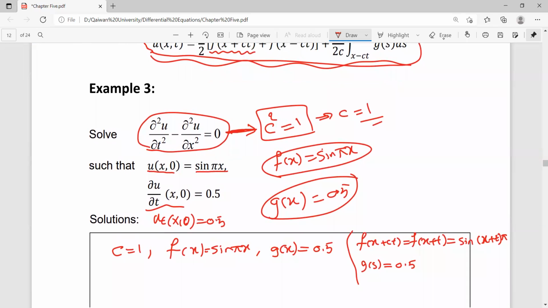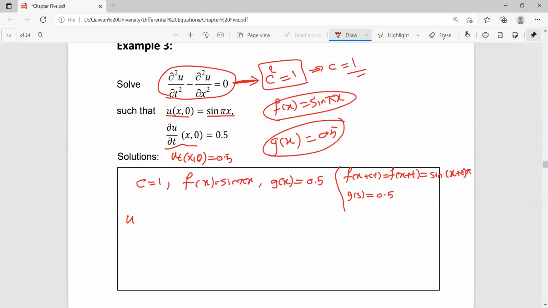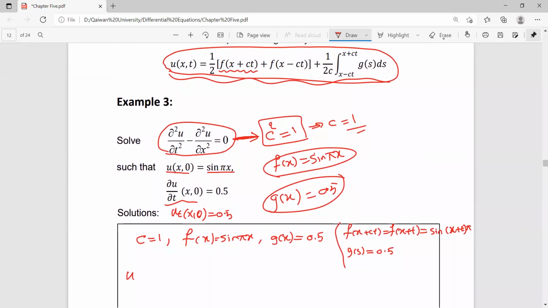We say u of x,t equals a half of f of x plus ct, minus, for the negative also, f of x minus ct, which is sine of x minus t times pi.